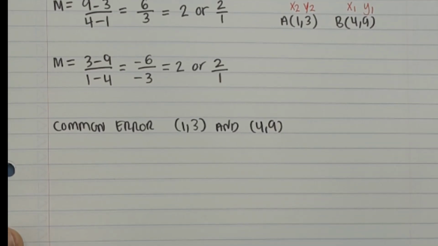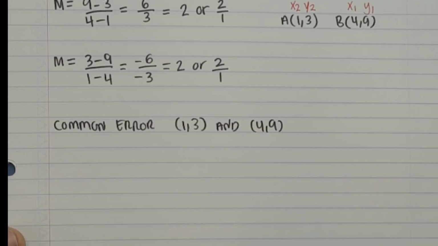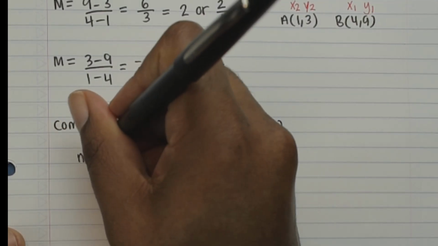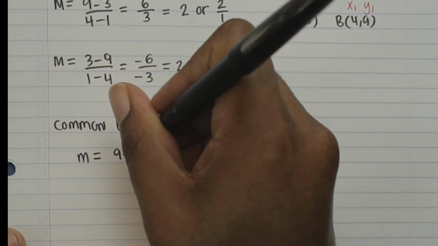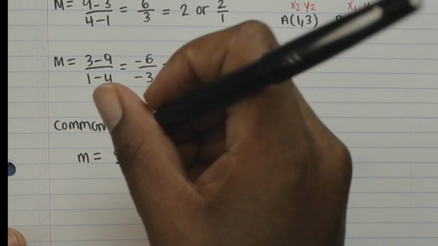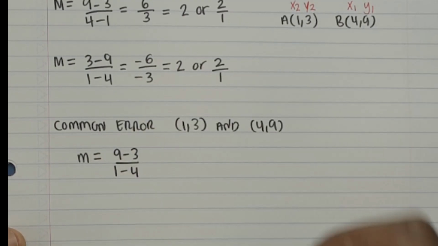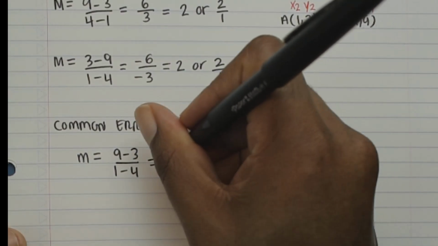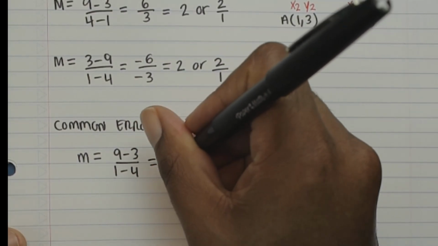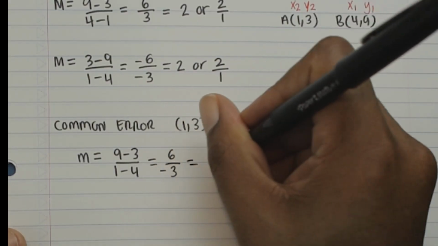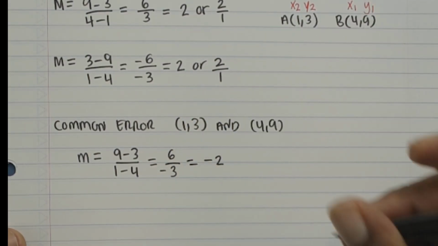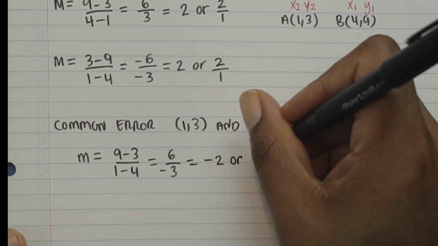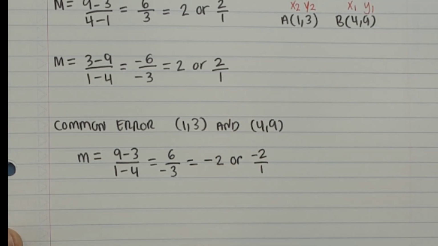Let's say they write m equals 9 minus 3 over 1 minus 4. And then they compute 6 over negative 3, m equals negative 2, or negative 2 over 1.